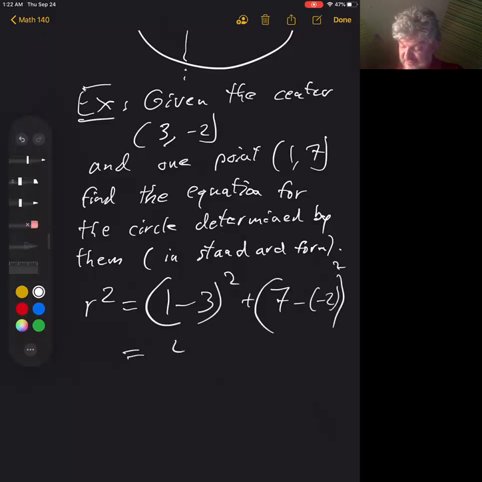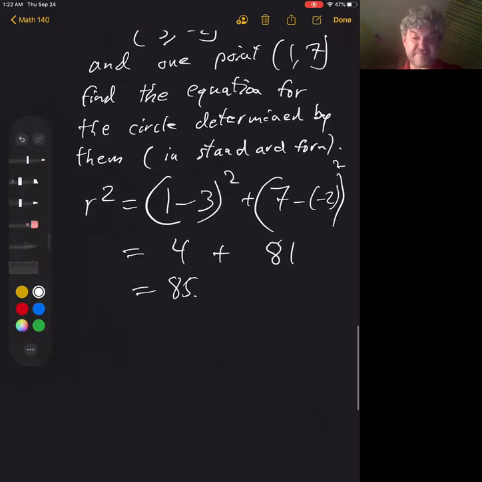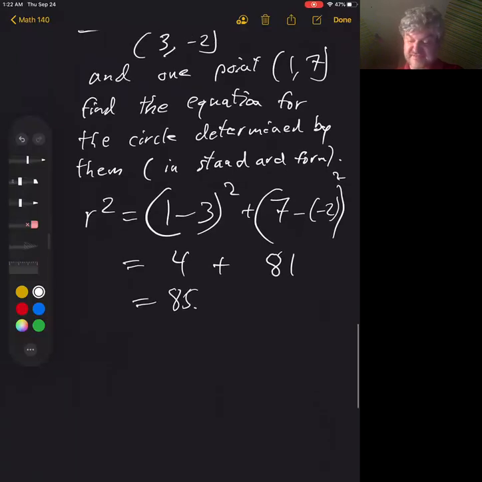So that is 4 plus 81, which is 85. And the radius is square root of 85. And we can just write down our equation in standard form without any further computations.